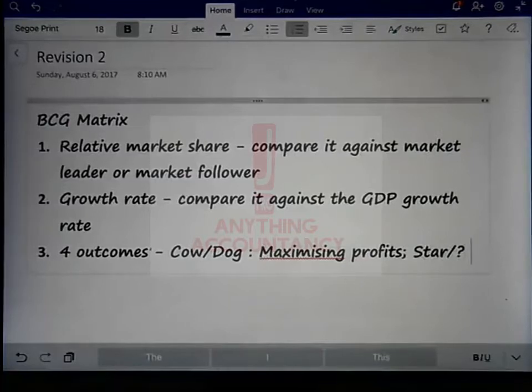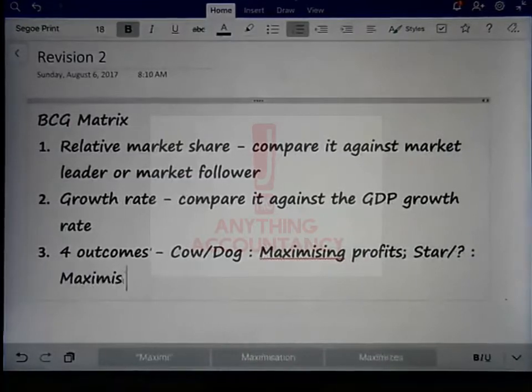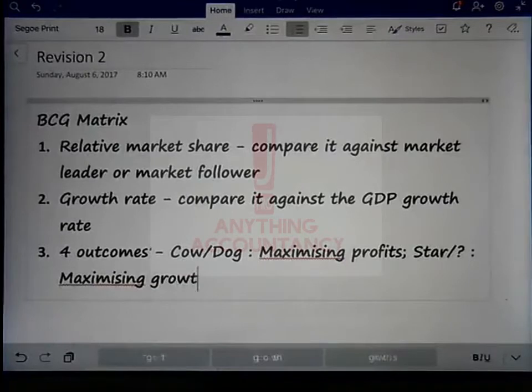This too is about maximizing growth. Are you okay with the 2 different things? So you need to know which one you're trying to maximize based on the question area itself.